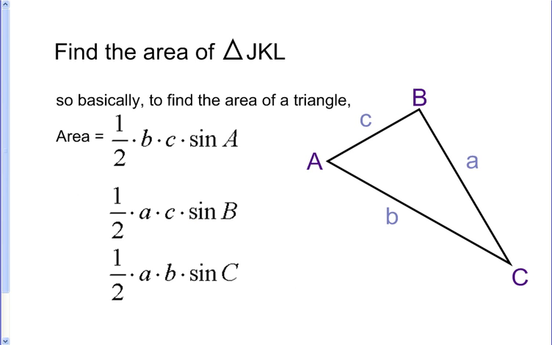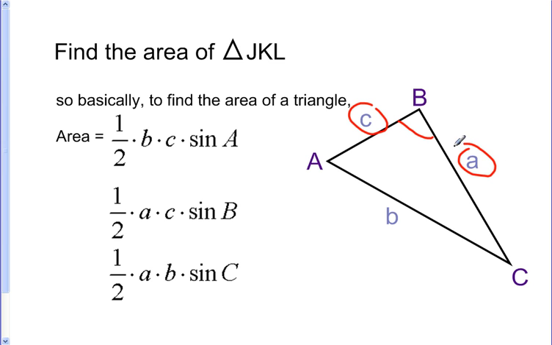Okay, so let's look at the next slide. This one, what I did is I took just a general triangle, A, B, and C, and I set up 3 different area of triangle formulas. So this first one is if we are given angle A and side c and side b. This would be the formula 1/2 times b times c times the sine of A. That's going to give us the height of the triangle. So then the next formula, it's still going to calculate the area, but what if you knew b, little c, and little a?